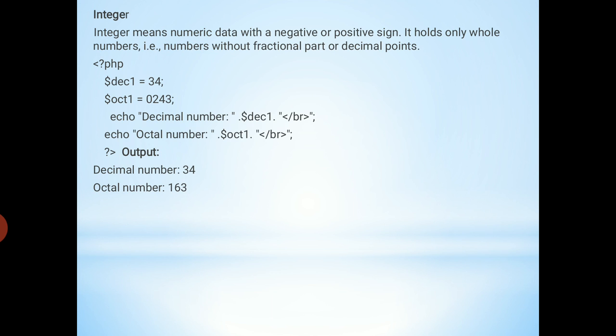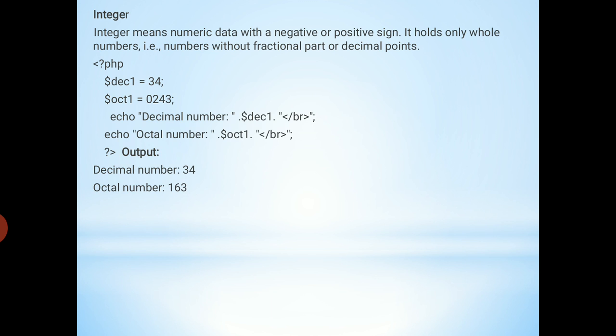Simple example: the script declares two variables, $dec1 is equal to value 34, $oct1 is equal to value 0243. Then output is displayed in web browser. Then the command echo decimal number, concatenation is used with $dec1.